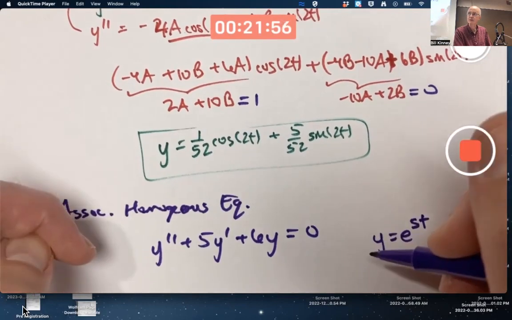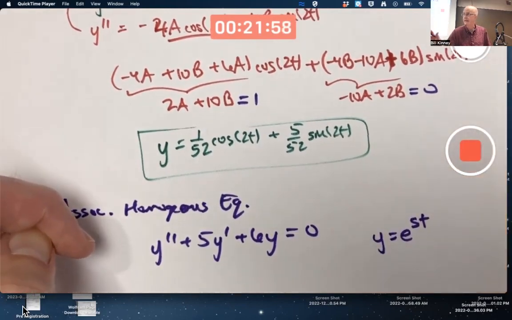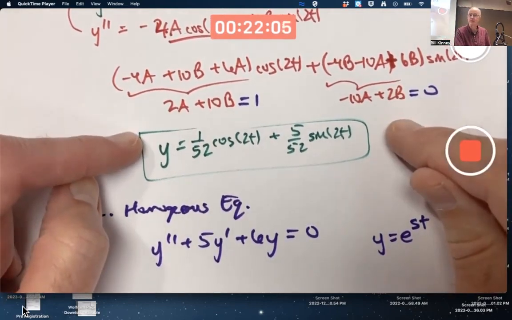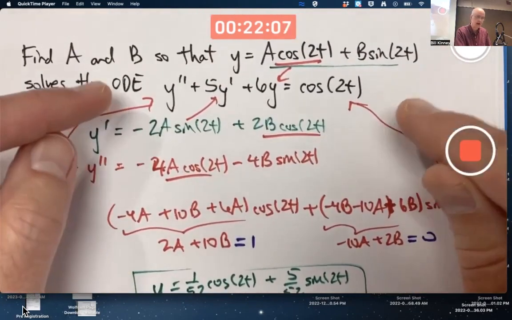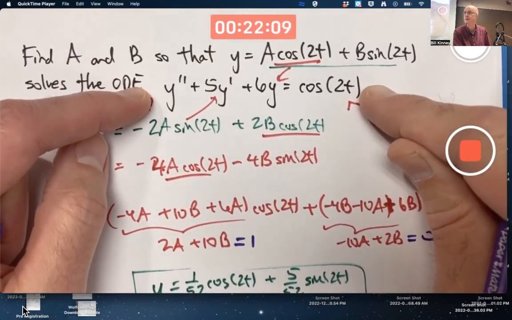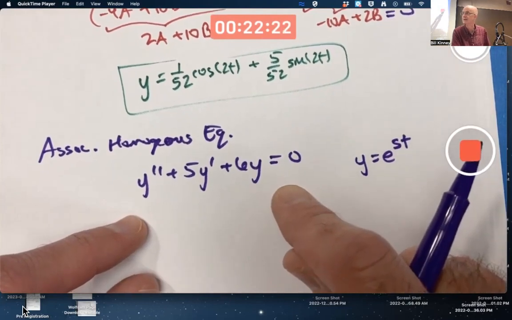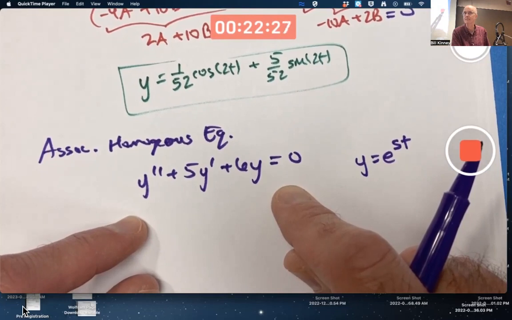If you can find a general solution involving some arbitrary constants that can be anything, 2 arbitrary constants for a second order equation, 1 for a first order equation, added to this particular solution of the original equation, you'll get a general solution of the original that you can use to solve initial value problems as well. I'm not going to show you the details, but that is something you'll do. And yes, finding a general solution to this is like finding a kernel of a linear transformation. Very, very much analogous in ways we will make more precise later as well.